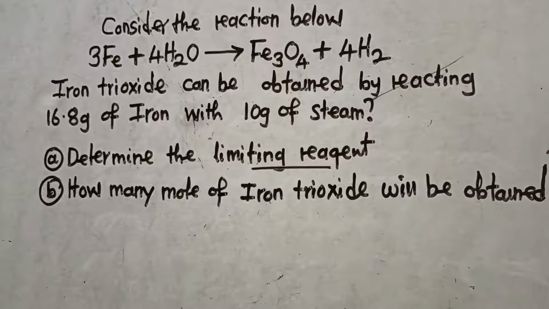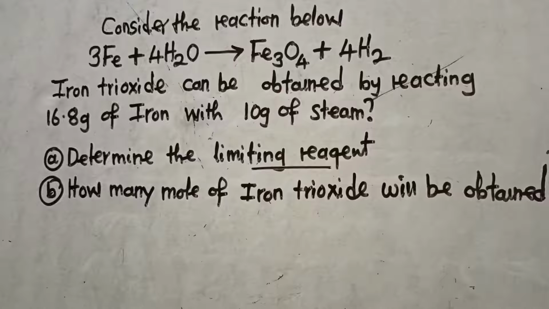I've already told you that a limiting reagent is a reactant that is in short supply by the mole ratio, and hence it finishes before the other reactant is completely reacted. That is a limiting reagent. Sometimes they will tell you to define the term limiting reagent.